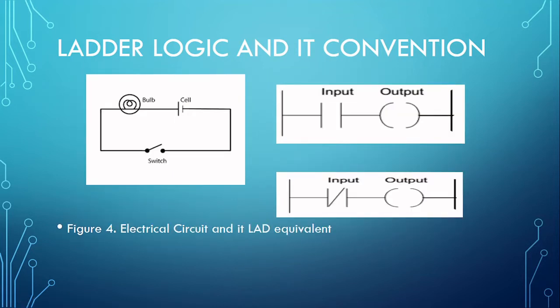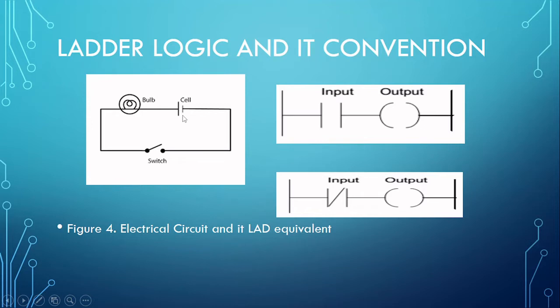Now, for understanding of the ladder logic, suppose we have a circuit like this, where you have a bulb as the output device, a switch in this case as the input device, which is normally open, then the cell where the power is coming from, the battery in this case, so it has the negative and the positive terminal.